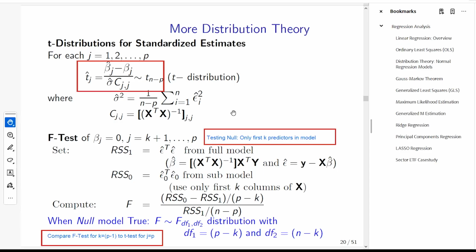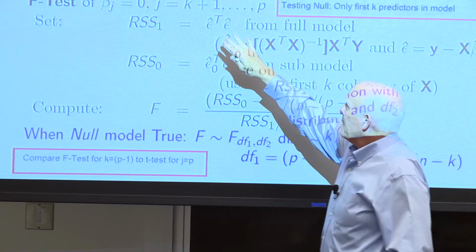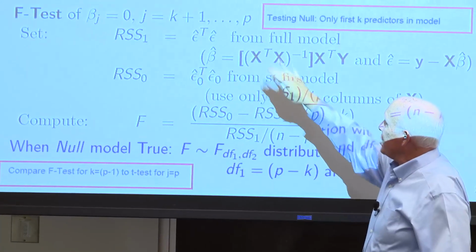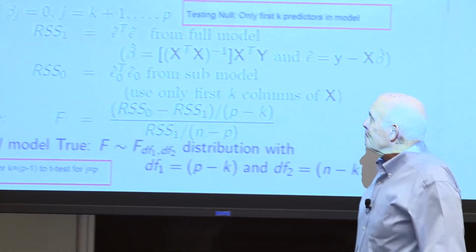Now, interestingly, if we want to test whether multiple beta j's are equal to 0, a special case of that is just to say, let's assume that the first k beta j's are non-zero. We'll just assume that that's true. But let's test whether the beta j's for j above k are equal to 0.